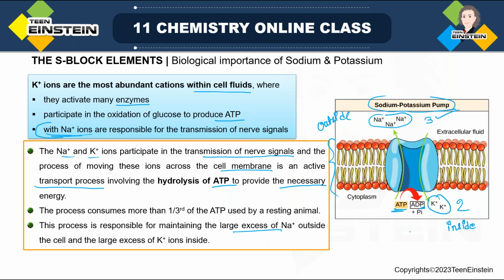Otherwise, that is actually the work of the pump. If this balance is disturbed, suppose a large amount of K plus is outside and less inside, it will not work. So this should be maintained. Ultimately, what we have seen is that Na plus and K plus have some separate roles, but together they also work for the transmission of the nerve signal.